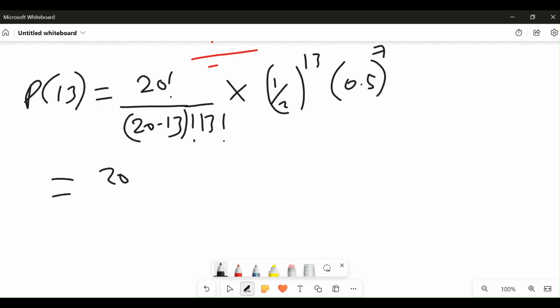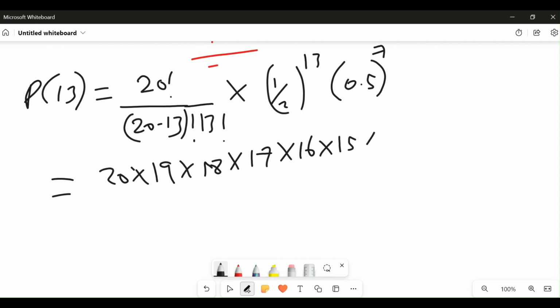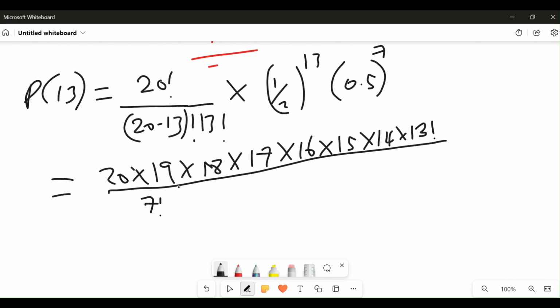This will be 20 times 19 times 18 times 17 times 16 times 15 times 14 times 13 factorial, all over 20 minus 13, that's 7 factorial, times 13 factorial.